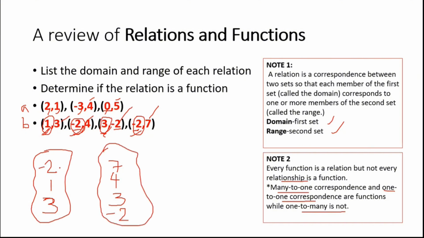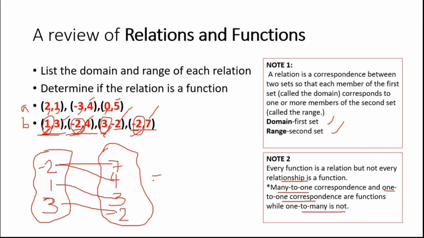So -2 paired with, okay, let's see this one, -2 and 4. Okay, -2 and 4, and then -2 and 7. So 2 and 7, and then 1 paired with 3, okay, that one, and then 3 and -2.